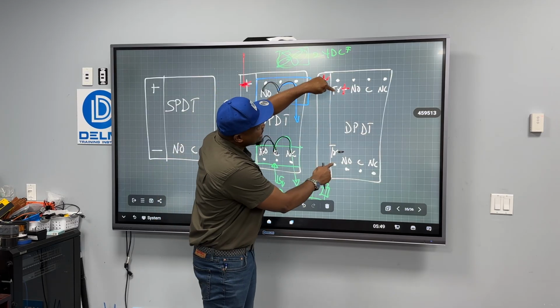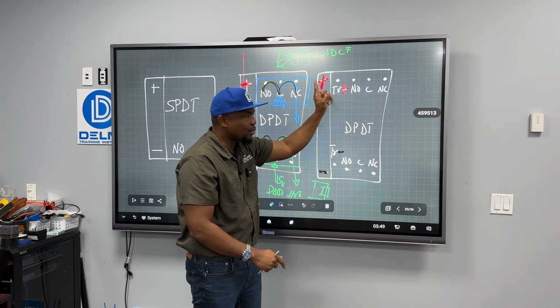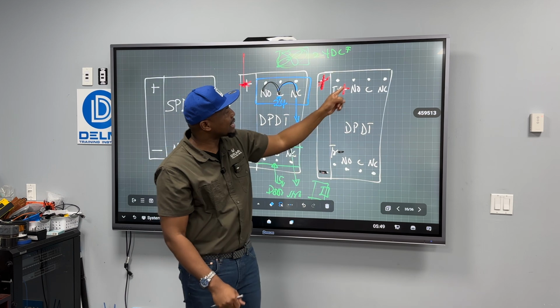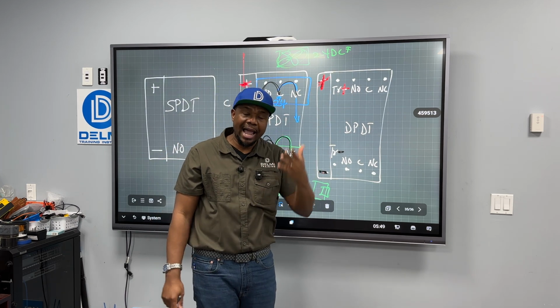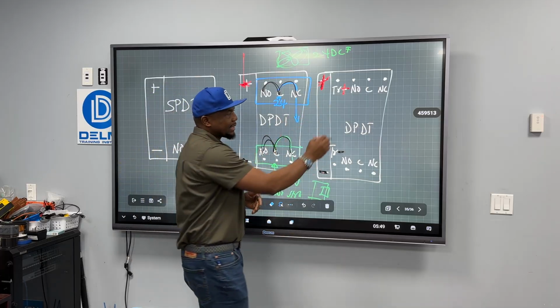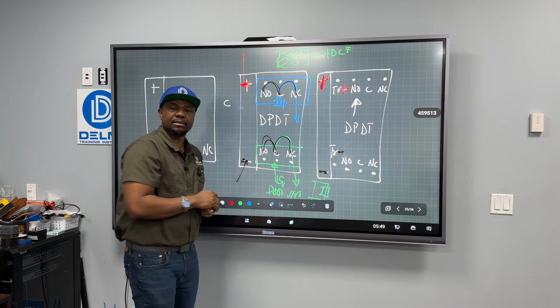As soon as it detects the trigger, right away it switches. And if you take the trigger away, it switches back, but it still has power. So this type of relay is a fast-acting relay compared to this. So when you look at the prices, this is a little bit more expensive, slightly, than this.